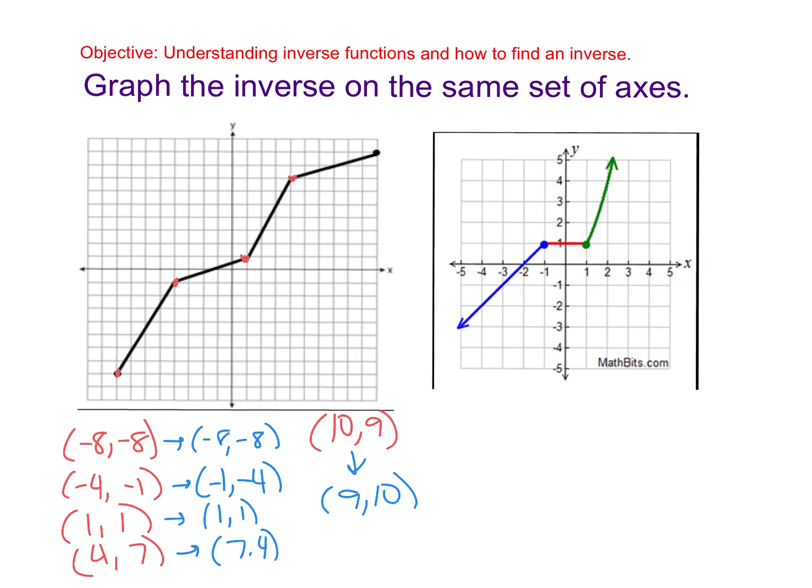One thing I will say is when you do these, I would connect as you go. -1, -4. Because sometimes, especially if the points are a little weird, I've seen students get confused and connect the wrong dots. 1, 1. 7, 4. 1, 2, 3, 4.